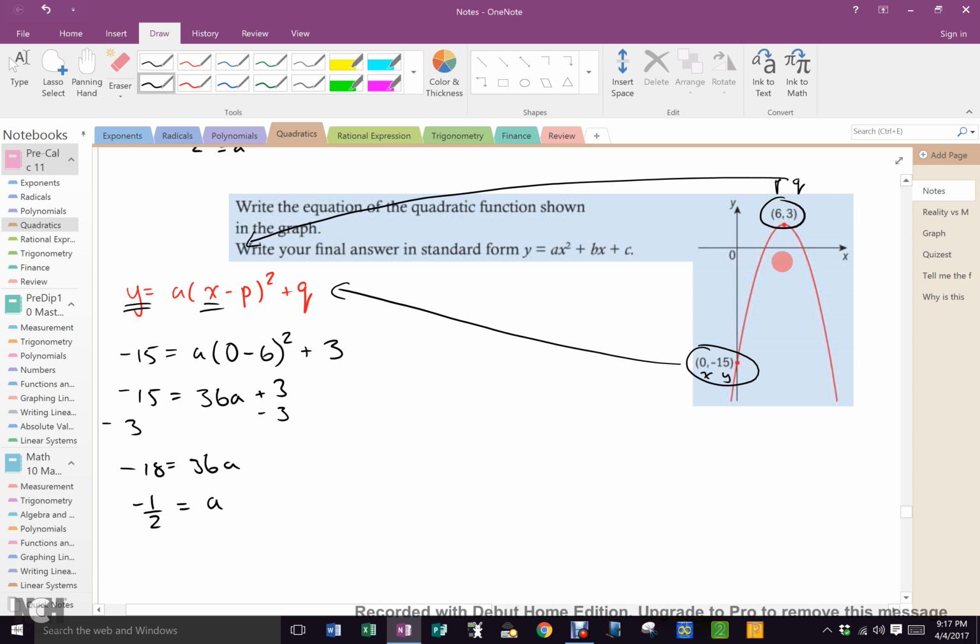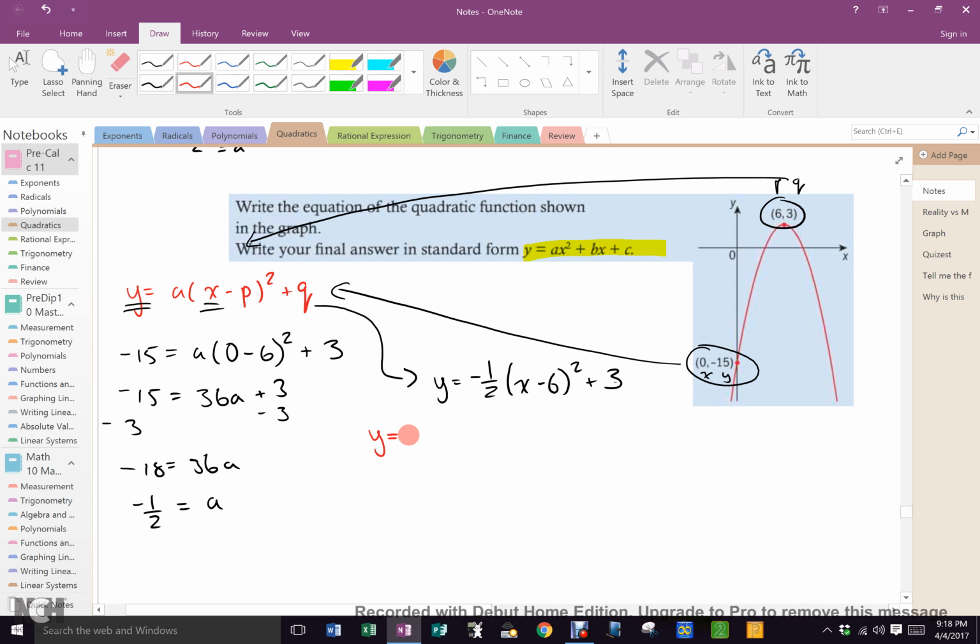And that makes good sense because, as you can see, this is turned over upside down. So the equation that I am dealing with in vertex form is y equals negative 1/2 (x minus 6) squared plus 3. But I don't want vertex form. I want standard form. So all I got to do is expand this.